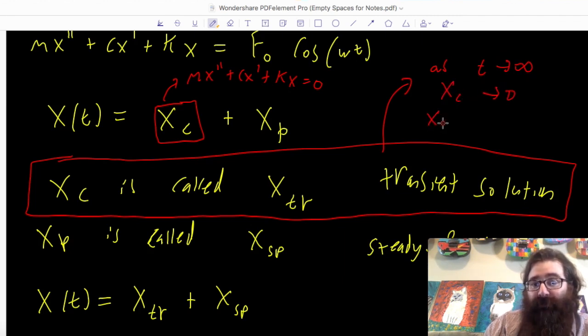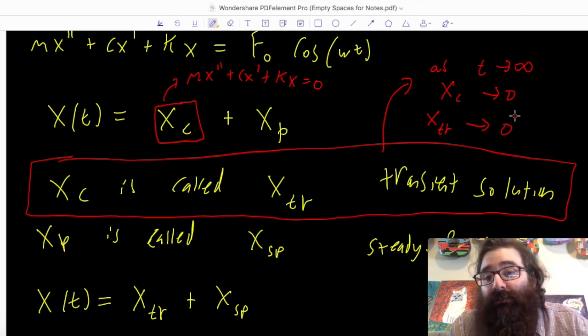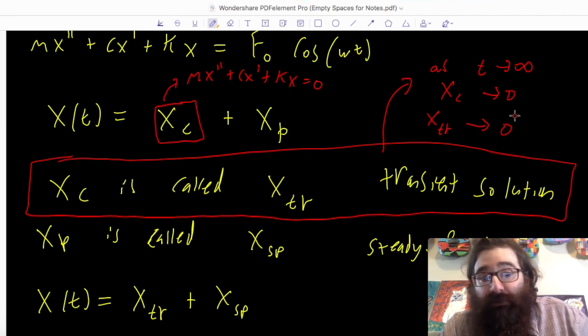Here we've named it differently, but it's still the same thing: the transient solution goes to 0. That's why we call it a transient solution. This homogeneous solution doesn't really stick around for very long, and as t goes on, eventually that part of my solution dies off. It goes to 0, so it doesn't have a winning influence on the system.